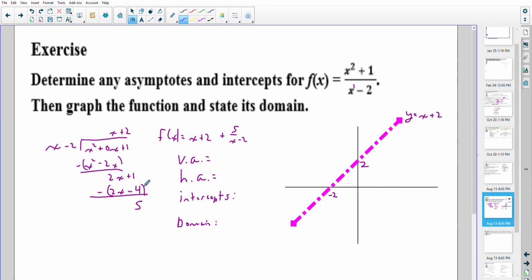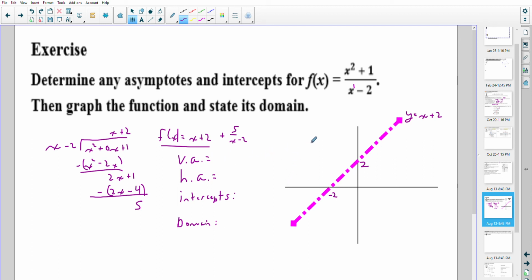As I divided it out, you can see that it's written as f of x is equal to x plus 2 plus a little bit, and as x goes to positive or negative infinity, this is going to be 0, which means it's a little bit more than this or less than this, but it'll never be that. It'll always be adding something or subtracting something. Therefore, the graph can never occur on that slant asymptote.